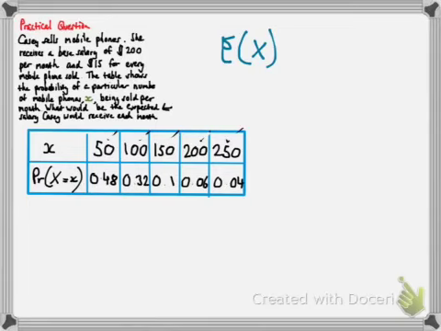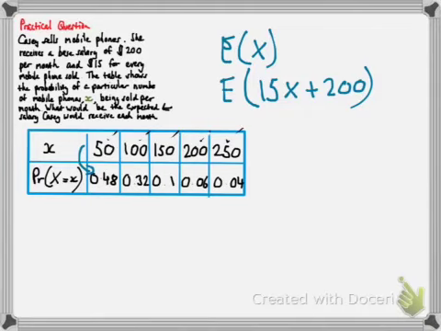If we wanted the expected number of phones sold, we would just multiply 50 by 0.48 and so on and add them together. But we're after the salary. So instead of the expected value of X, it's going to be the expected value of the salary, 15x plus 200.